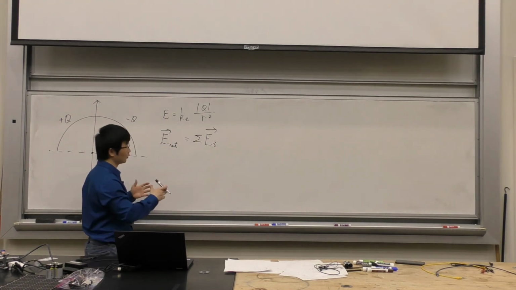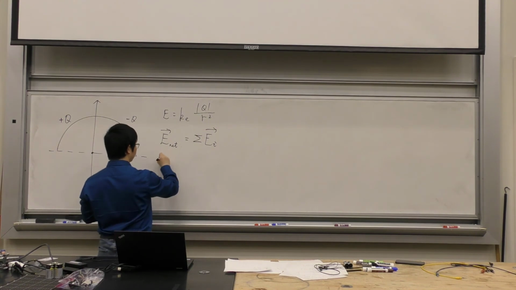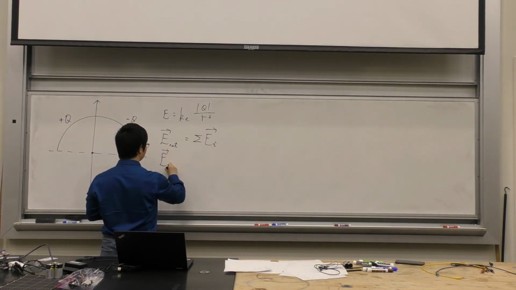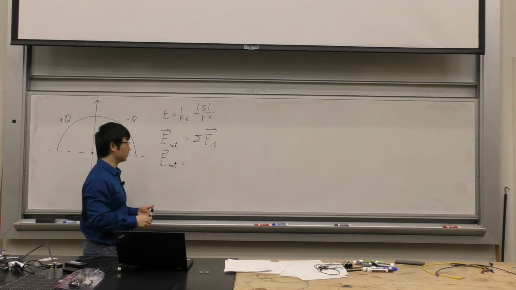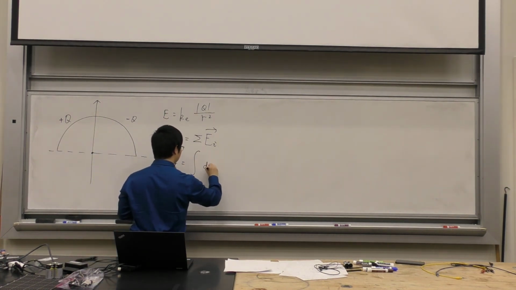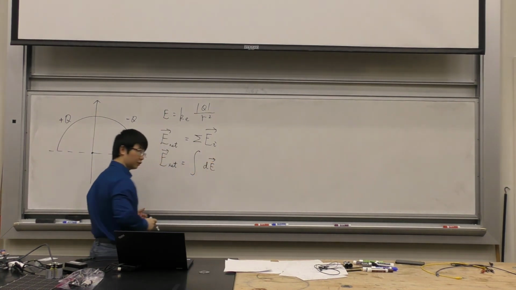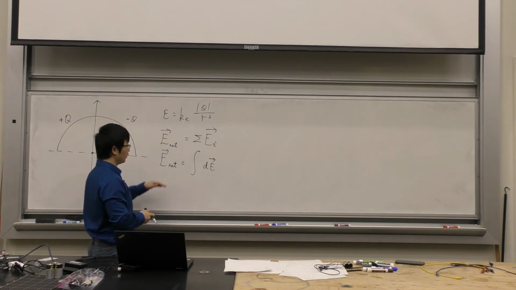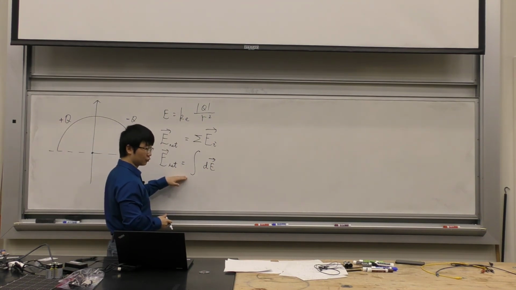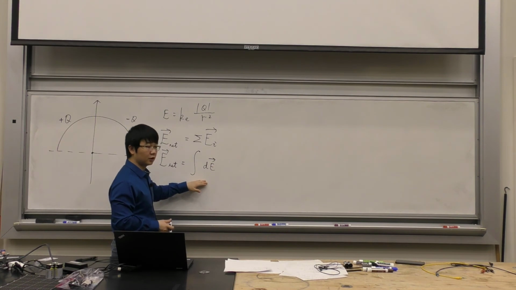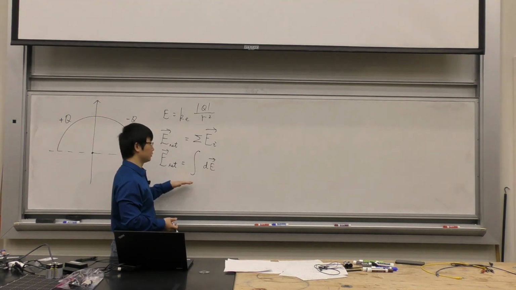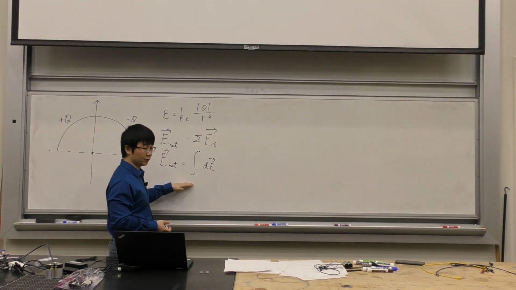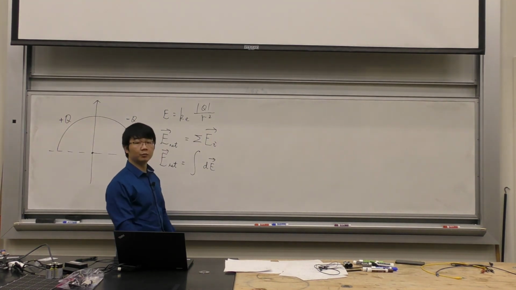And if I have a continuous charge distribution, this summation, because you're adding together an infinite number of small E's, becomes an integral. So this is still a vector integral, so you should still do it in the x direction and y direction separately. But sometimes you can use a symmetry in the problem to get rid of one component.